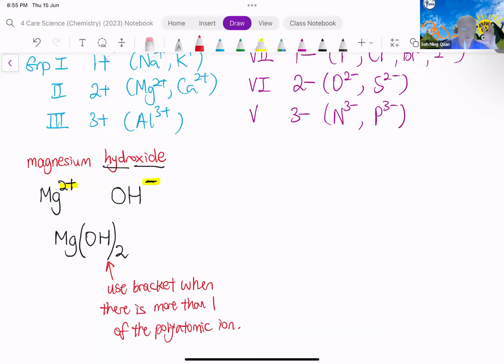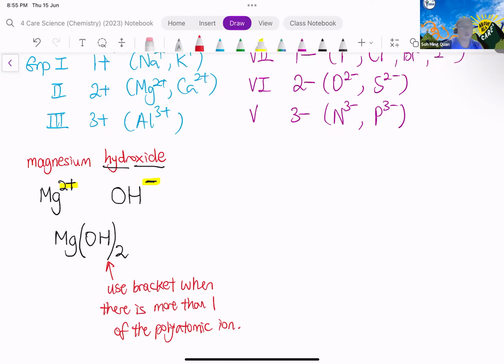So hydroxide is polyatomic, O and H, right? Bonded together covalently. The whole ion, OH, has a -1 charge. So I need 2 times the number of hydroxide ions to balance out a single magnesium ion. So I must put a bracket around the OH because there's more than 1 hydroxide ion.